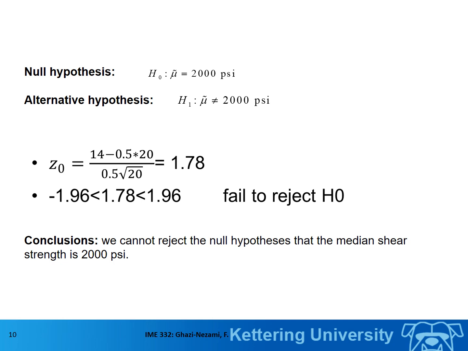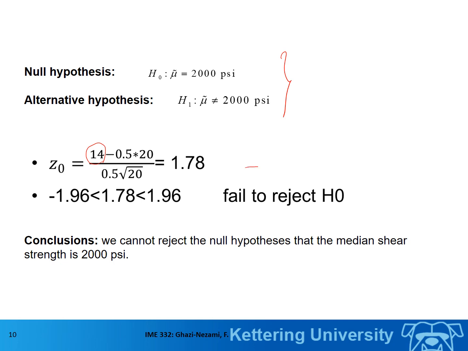For the problem that we solved, I'm going to solve it using the normal approximation. I had a two-sided test and I wanted to use the normal approximation. The number of positive differences, if you remember, was 14, where I had 20 observations. So 14 minus 0.5 times 20, divided by 0.5 square root of 20. In this case, you will see that the test statistic will be 1.78.